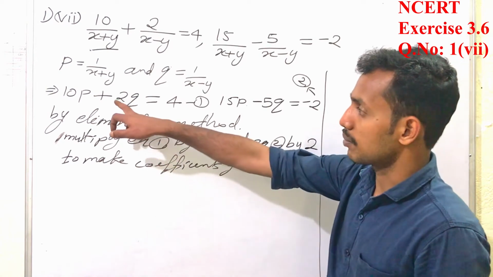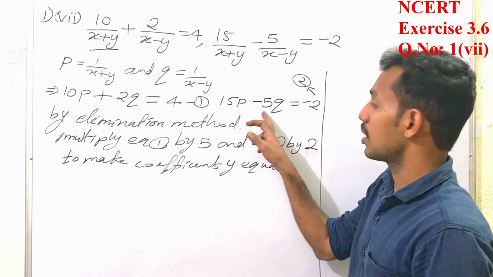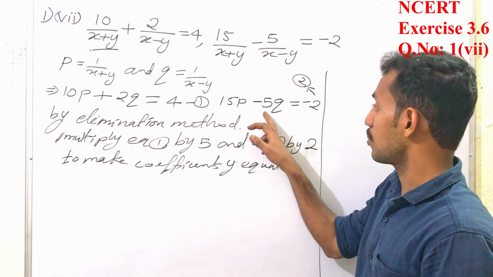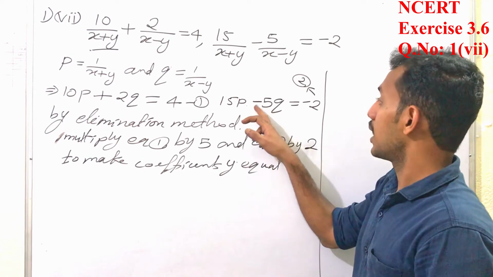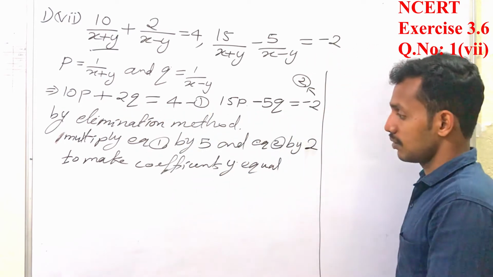That means here we multiply by 5, it will be 10q. Here if we multiply by 2, we will get minus 10q. So when we add, plus 10q and minus 10q will be eliminated.